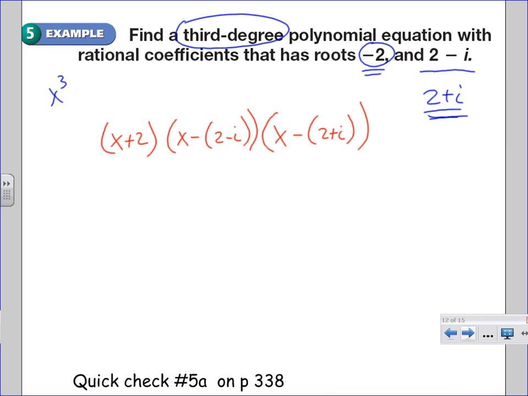Now, this one is admittedly a little bit messy, and I got x plus 2 here. I'm going to go ahead and clean this up as x minus, distribute here, 2 plus i, and x minus 2 minus i. Ugh. Gross, a little bit.